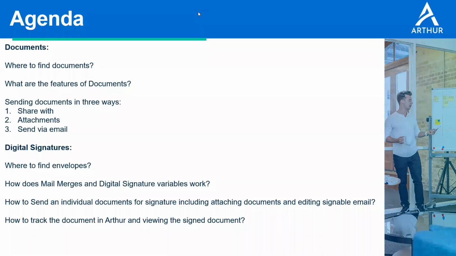And then the second part of the webinar, we'll be discussing digital signatures, which is a big part of Arthur, where to find envelopes, our integration to Signable, how mail merges and digital signature variables work, how to send the individual documents for signature, and then also attaching files, editing the Signable email ready for sending, and how to track the document in Arthur and viewing the signed document at the very end.